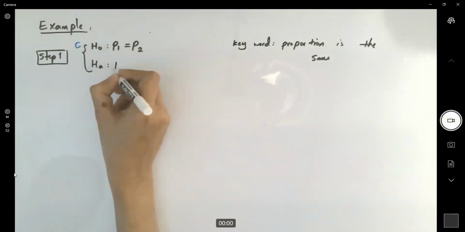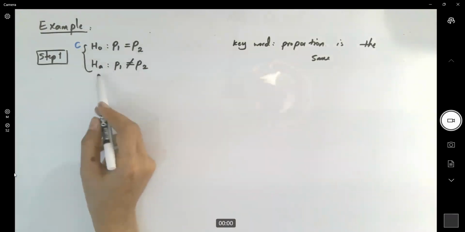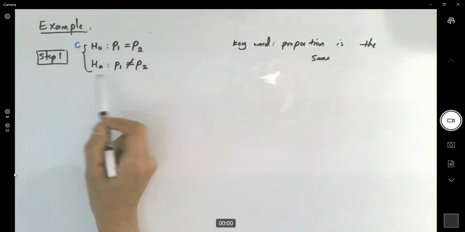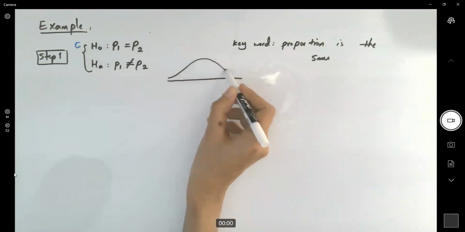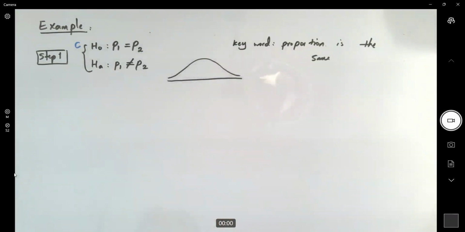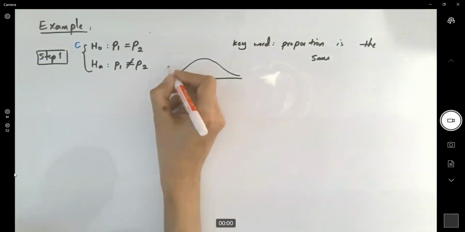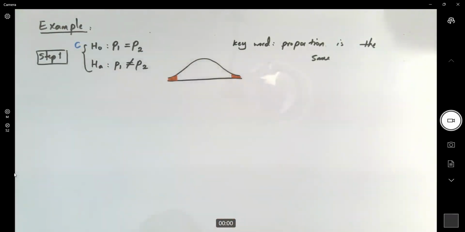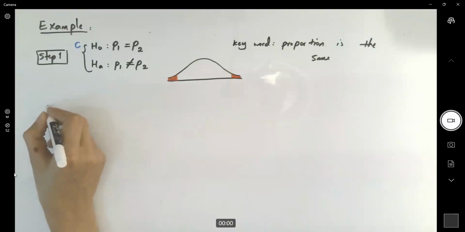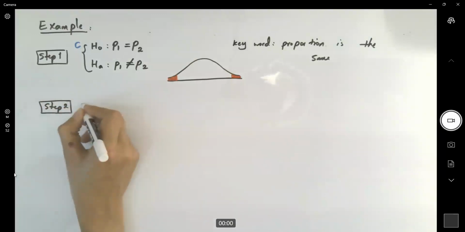Alternative hypothesis, P1 is different from P2. Okay, since our alternative hypothesis says they are not equal to each other, it means that you're dealing with a two-tailed graph. One tail on the left, one tail on the right. There we go. A half of the p-value is on the left, the other half is on the right-hand side. Very good. So what is my second step? Step 2. Let me find the standardized test statistic.